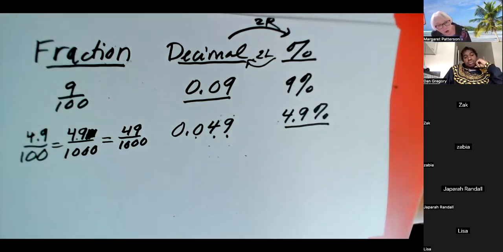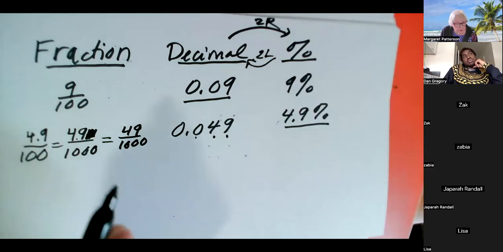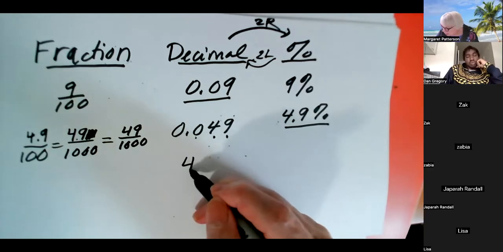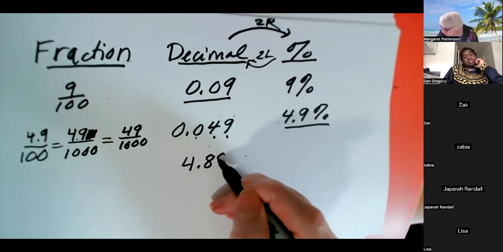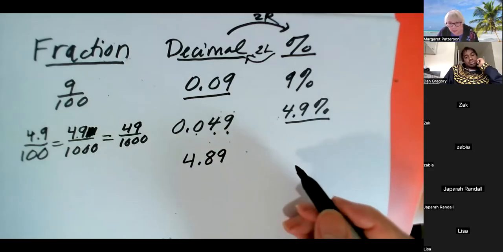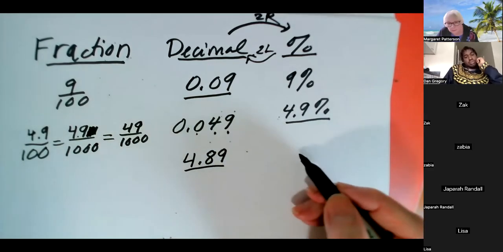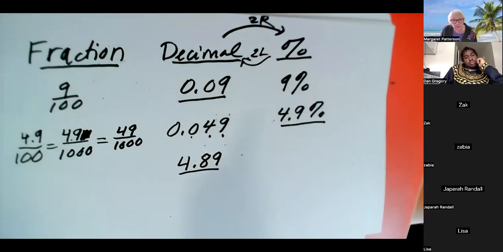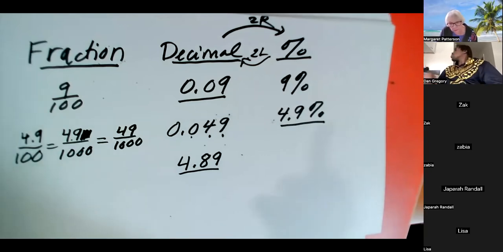Okay, but regardless, we would have gotten the right answer. Let me see. Let's try this one. This is different. I want a percent. Now, all you have to do, and it's a little bit weird, is follow the rules. So which way does the decimal have to go? To the right.